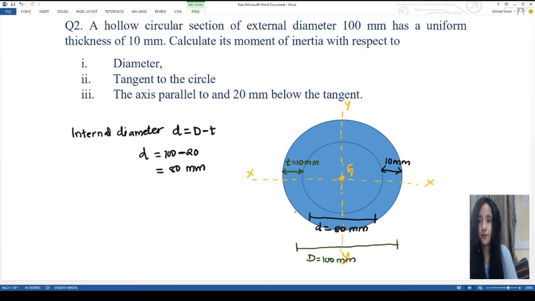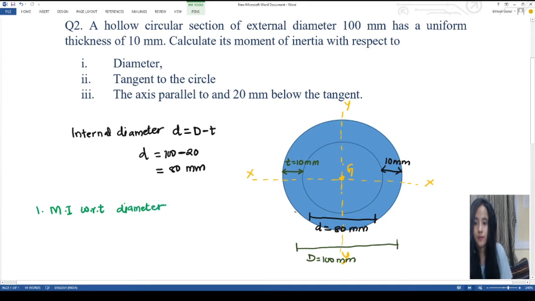Now let us solve the first condition. It says find moment of inertia with respect to diameter. So what does it mean? That we have to find the moment of inertia with respect to its diameter.